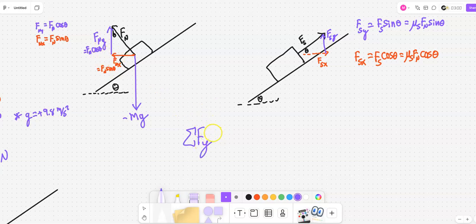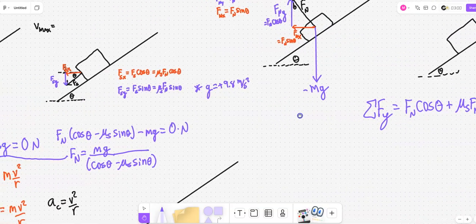That's going to be equal to force normal cosine of theta. This is where we get a little bit of a switch, because now this is going to be going up, positive. So this is going to be mu s times the normal force sine of theta. Now I'm going to slide over to where we did this before.